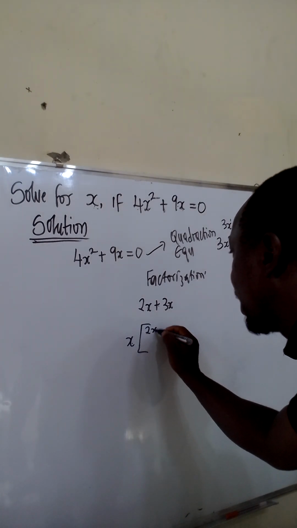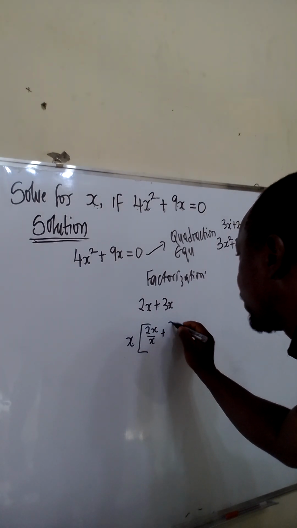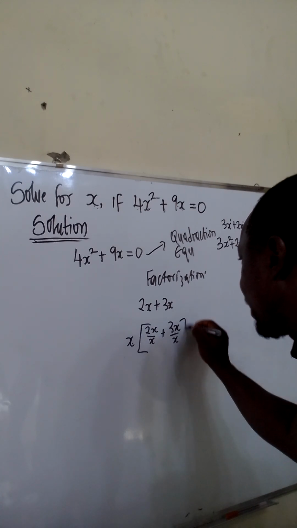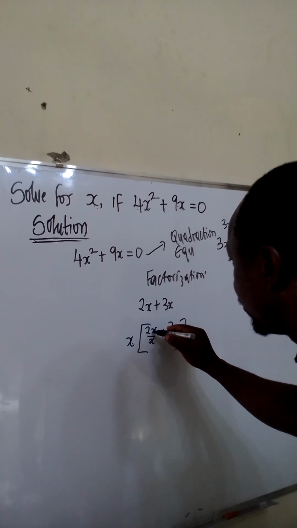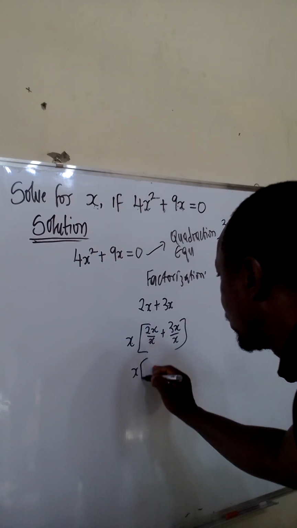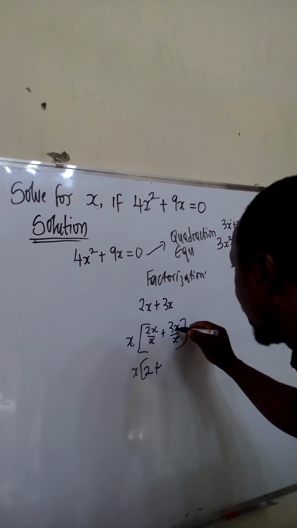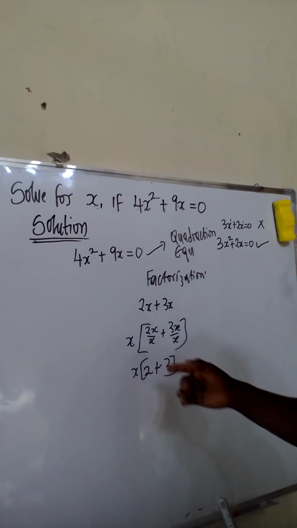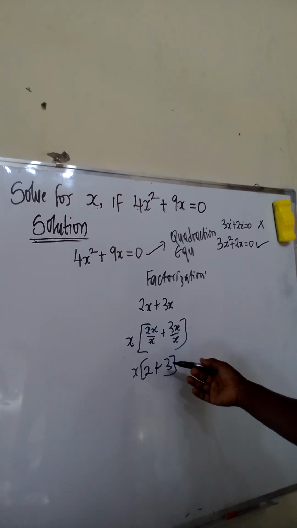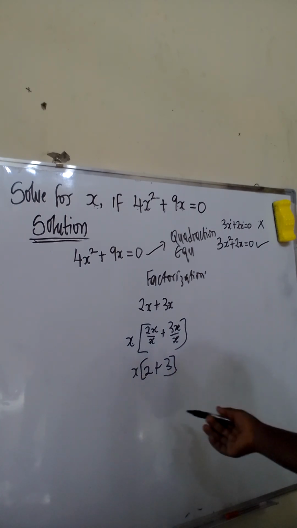This will be what? 2x divided by x plus 3x divided by what? x. Now, when we divide, we cancel x, we'll be left with 2, plus, we cancel x, we'll be left with 3. This is factorization.